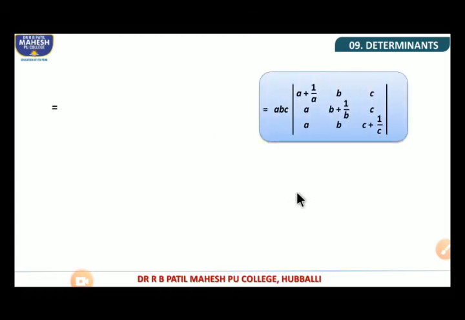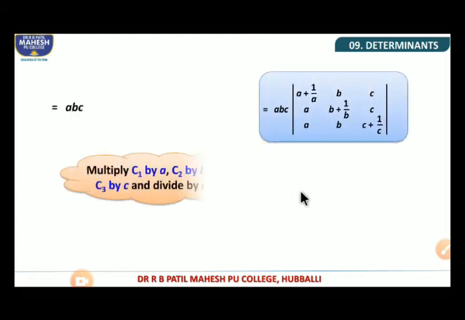For the next step, I am going to multiply C1 by a, C2 by b and C3 by c and divide by abc, because we are taking abc by abc here. So in the numerator, a is multiplied with C1, b is multiplied with C2 and c is multiplied with C3, and it is whole divided by abc.